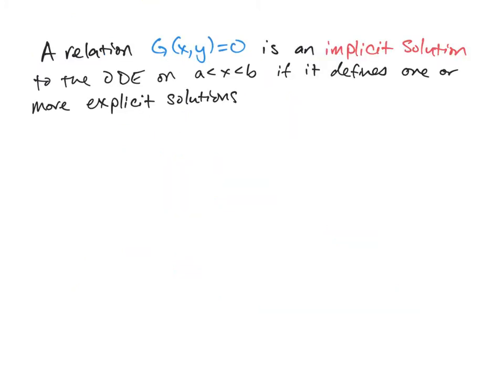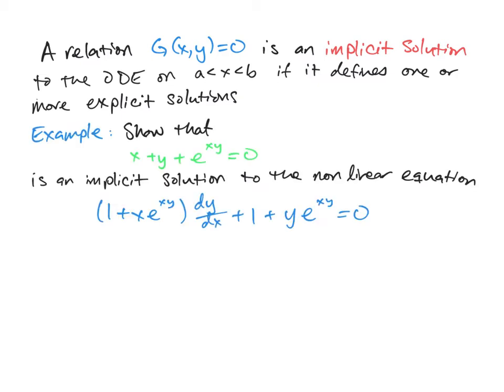So now here's our next type of solution. Sometimes we can't find an explicit solution, but we will come up with a relation, g of x, y equals 0, which might define an explicit solution. And so we call that type of relation an implicit solution. And that's a little bit weird, but let's show an example.